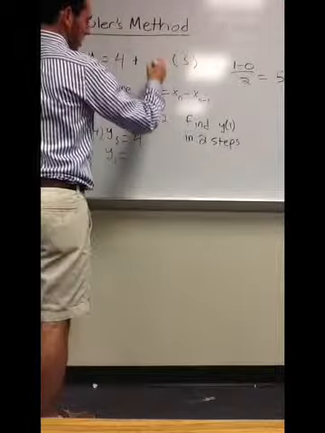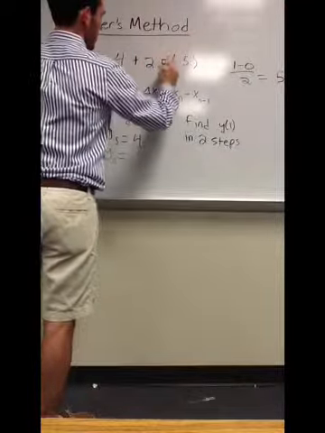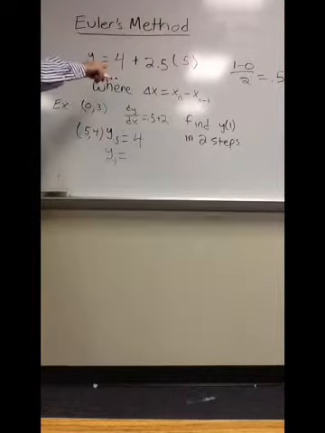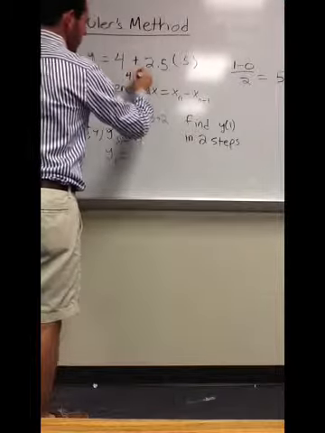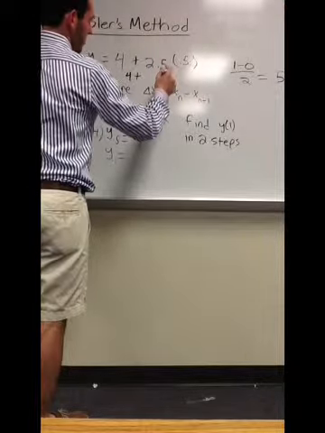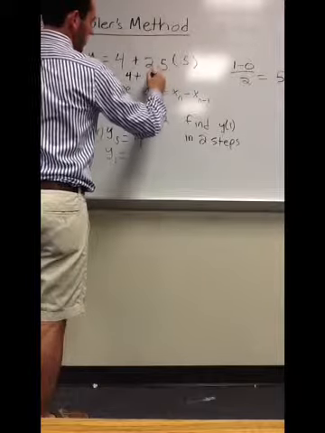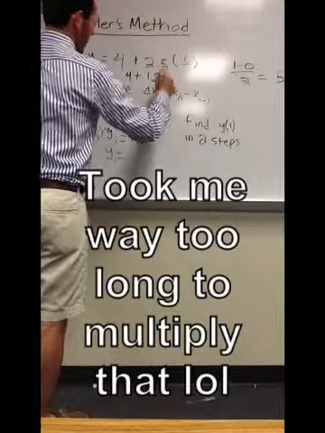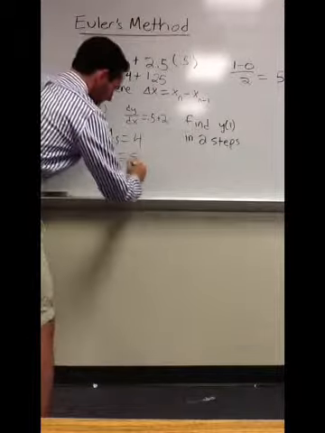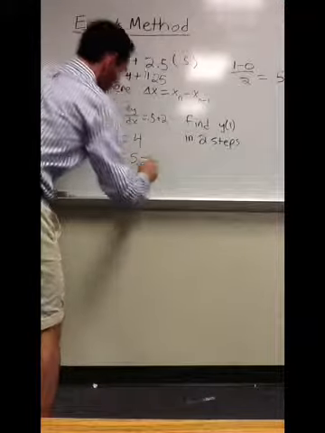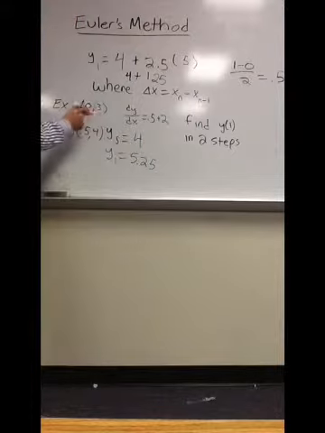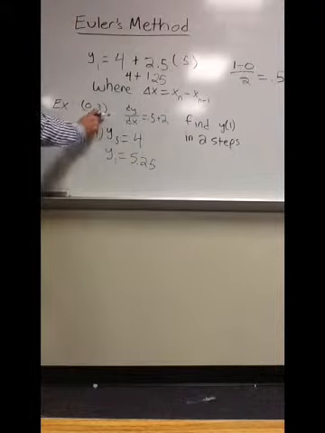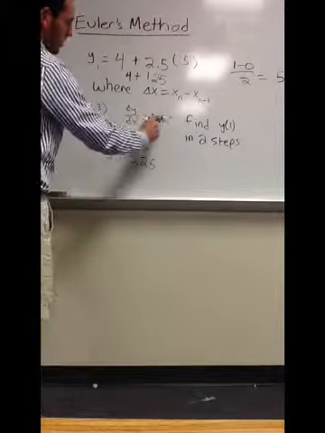So you have 2.5 times 0.5, which is 1.25. So 4 plus 1.25, and the answer you end up getting is 5.25 as your approximation for y of 1, when you are given the ordered pair (0, 3) and the slope x plus 2.